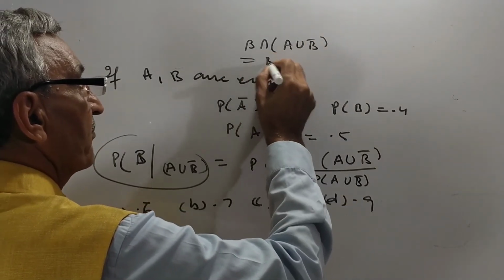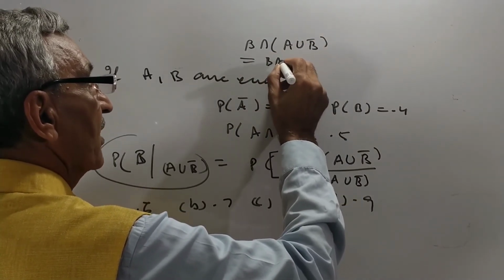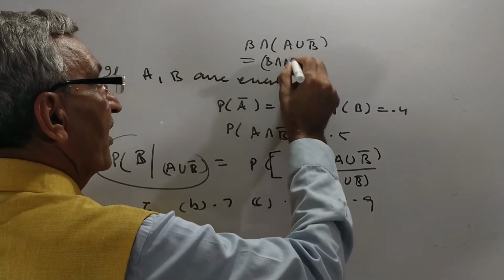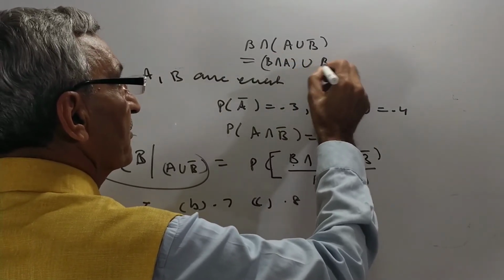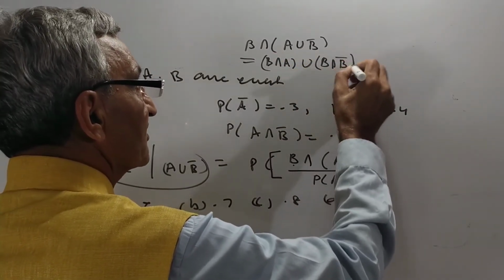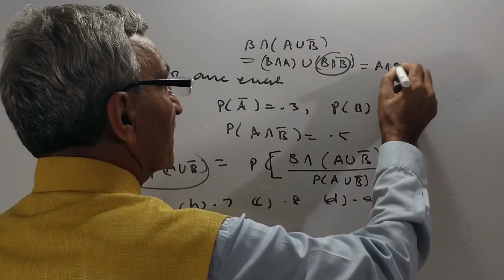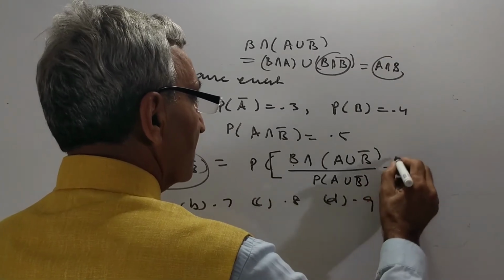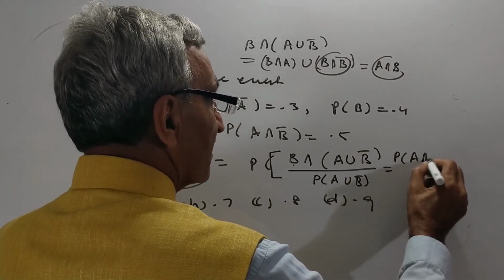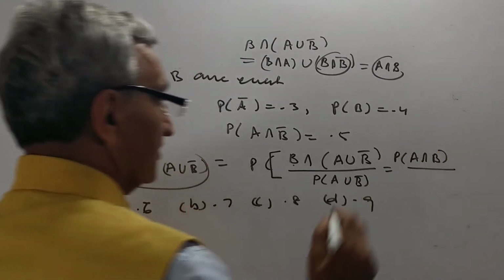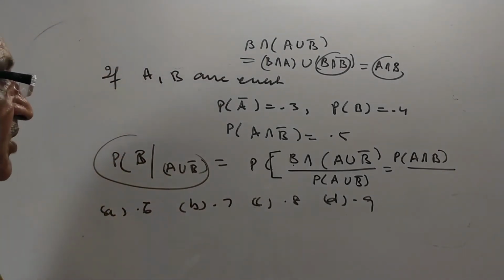This will be B intersection A, and union B intersection B. This is nothing but A intersection B. This is equal to probability of A intersection B. That is all about it.